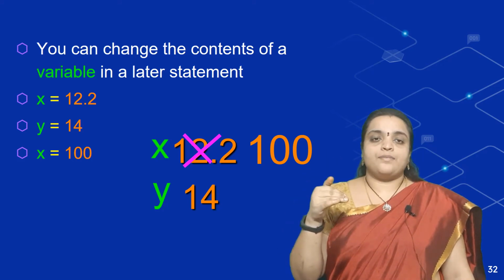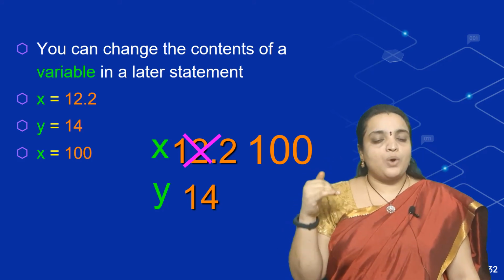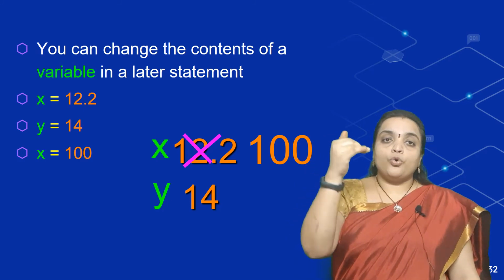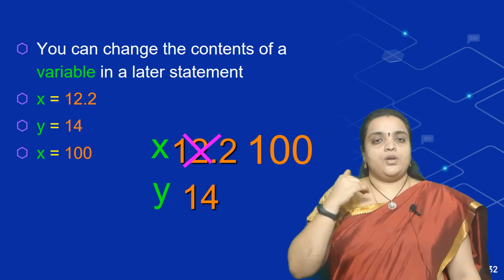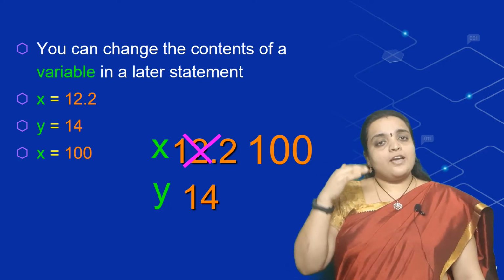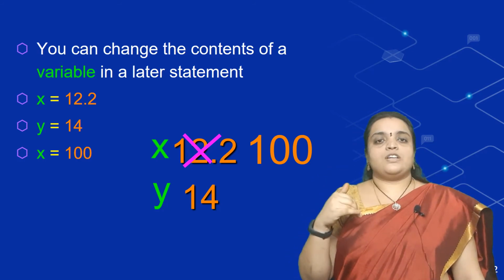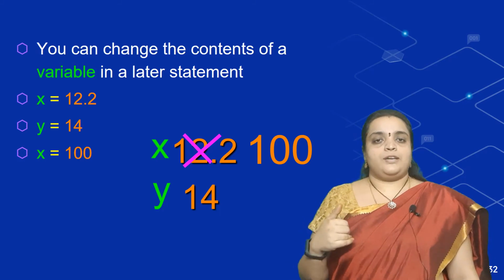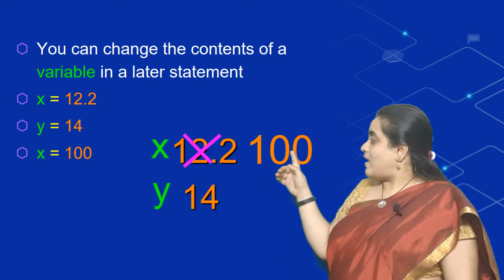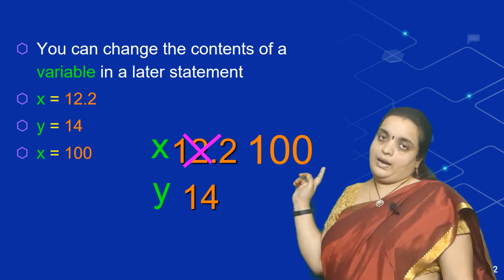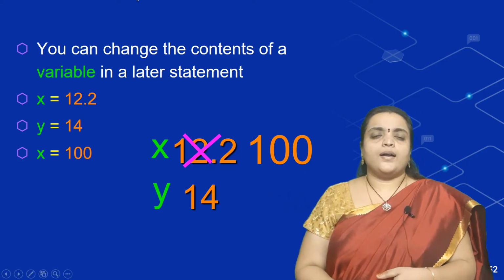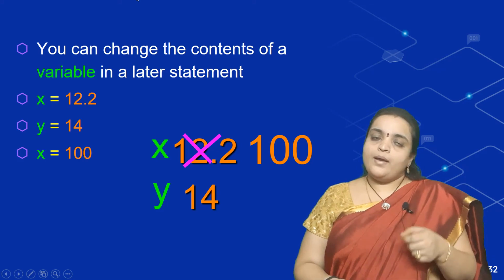In the third statement, if we give x is equal to 100, the 12.2 memory is deleted and 100 is assigned to x. So it is dynamic. Each statement can change the contents of a variable. See here, x is first assigned 12.2, later it is assigned 100. So that is the dynamic allocation of variables in Python.